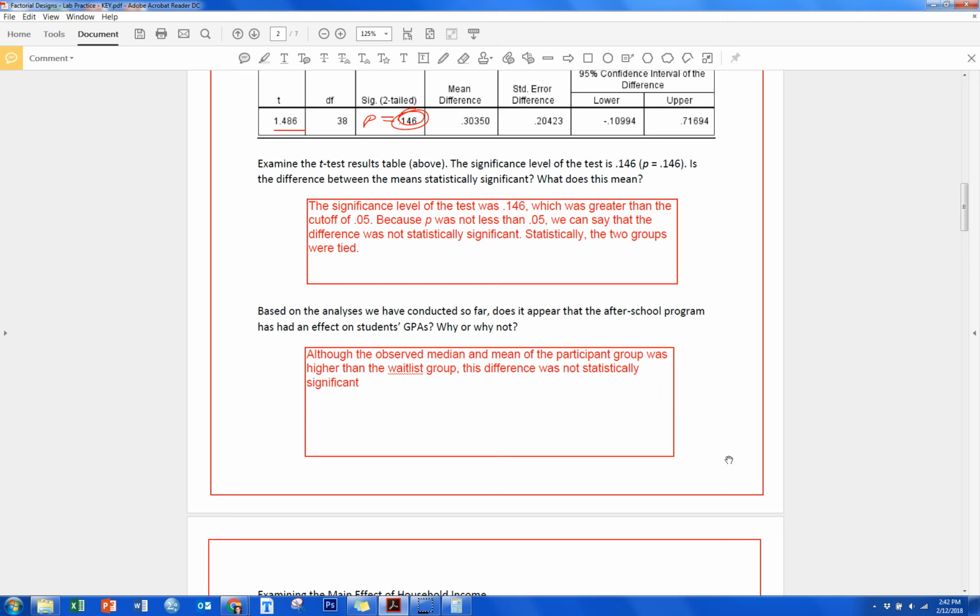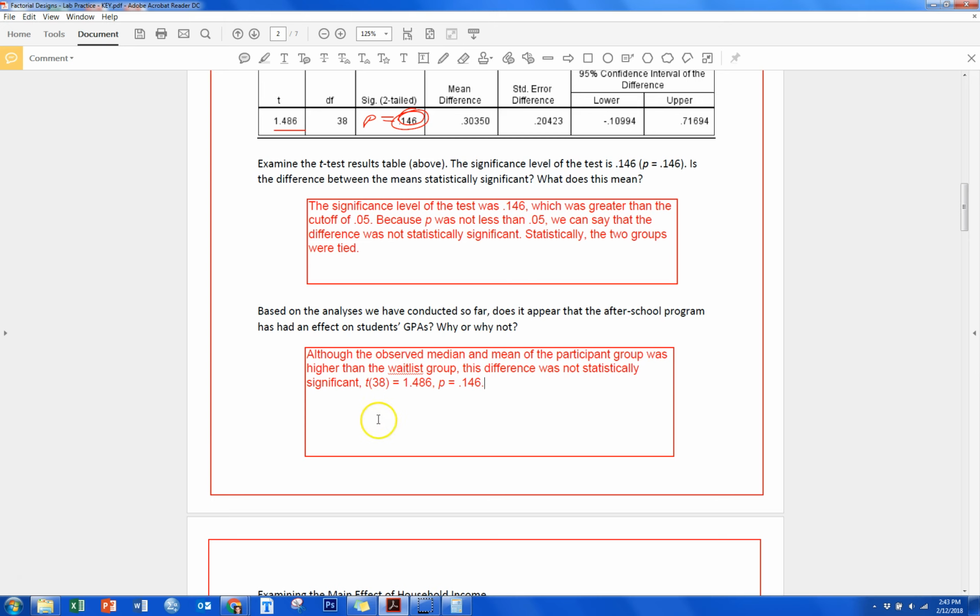If we wanted to report these results using APA conventions, we'd have the test statistic t in italics, the degrees of freedom, which is 38, equals 1.486, p equals 0.146.